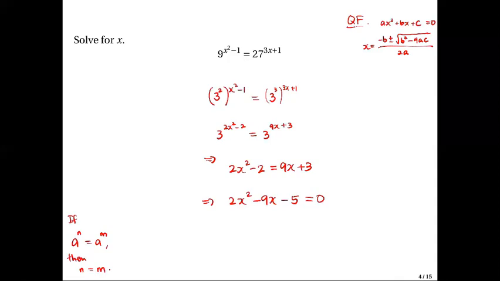Okay? So for this, we will have x equals minus b, so that's negative b, that's minus minus 9. Then you have plus or minus the square root of b squared, so negative 9 squared, minus 4 times a, which is 2, times c, which is negative 5, all over 2 times a.